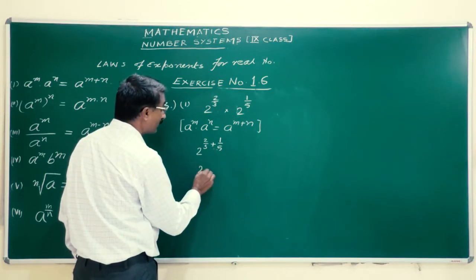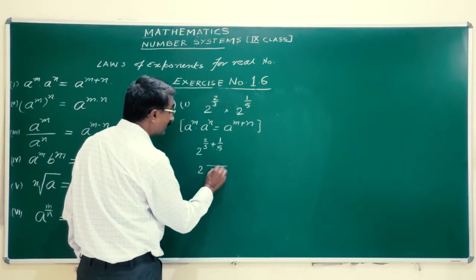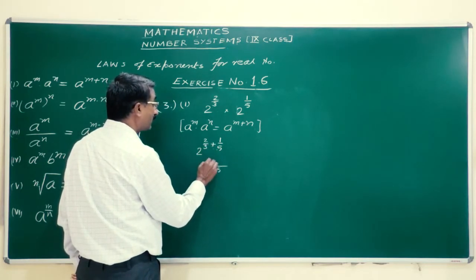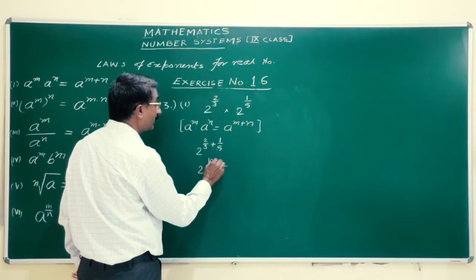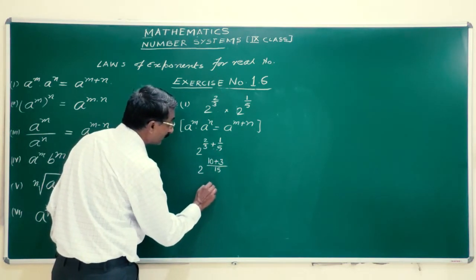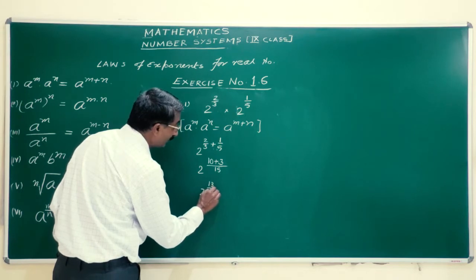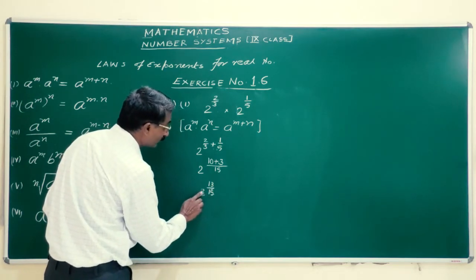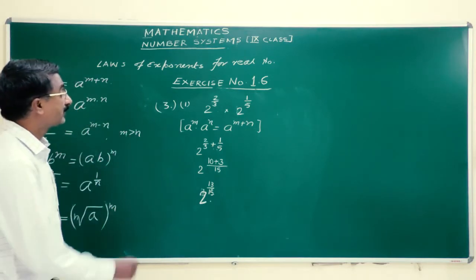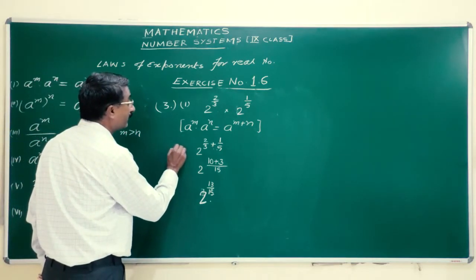So, 2 raised to the power, 15 is LCM, 10 plus 3. So, 2 raised to the power 13 upon 15.